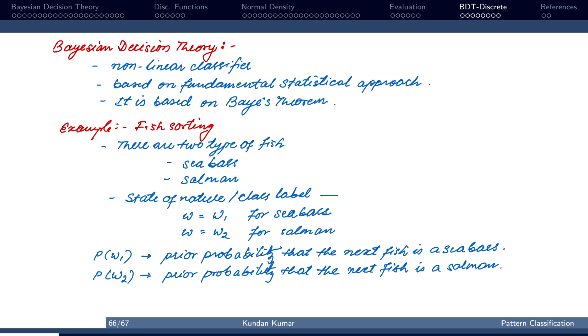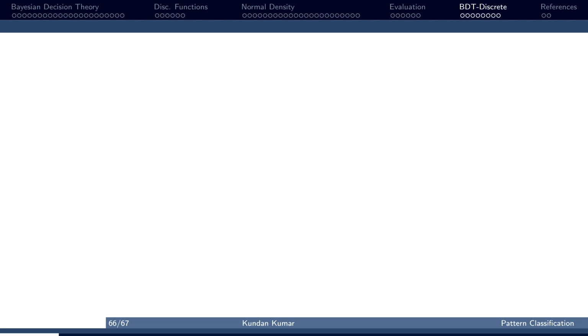But how can we choose these prior probabilities? In this case, we set P1 equal to P2.